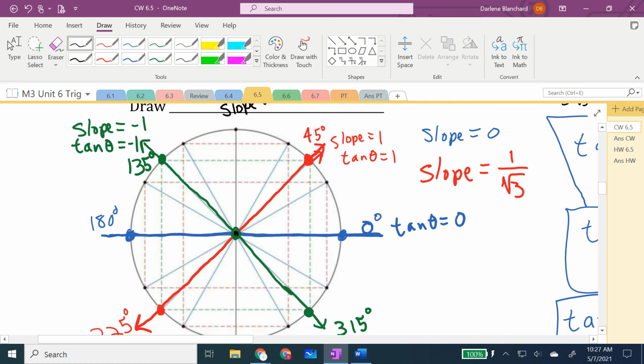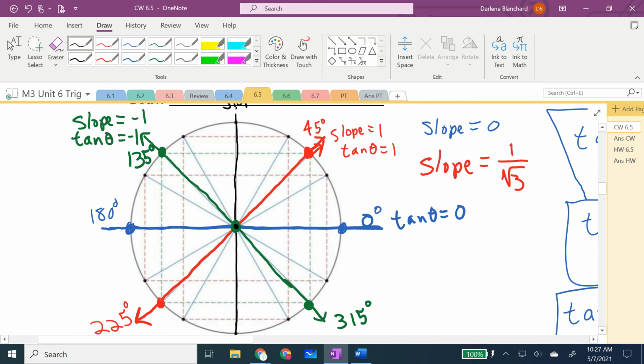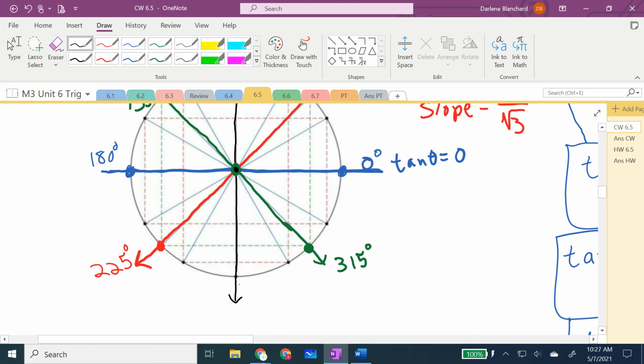If I draw a line through the origin with an undefined slope, that's going to be a vertical line. Those angles are 90 degrees and 270 degrees. Those are the two angles at which tangent is undefined.